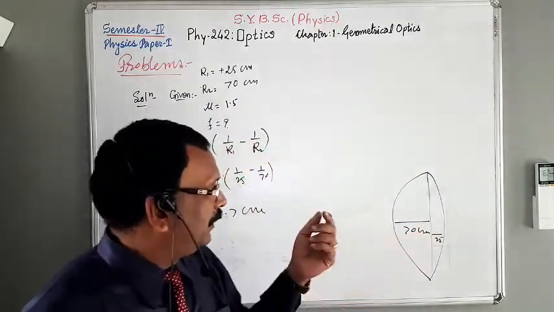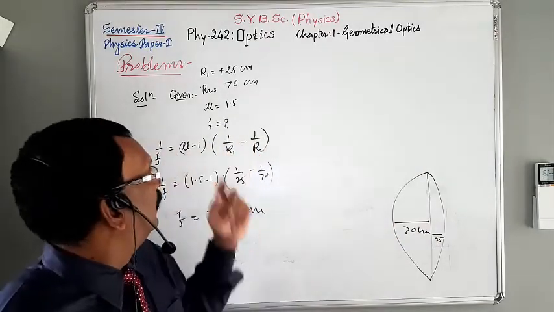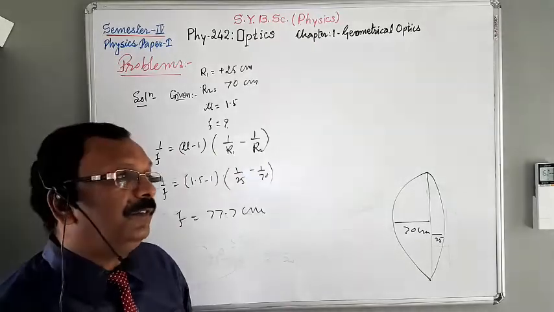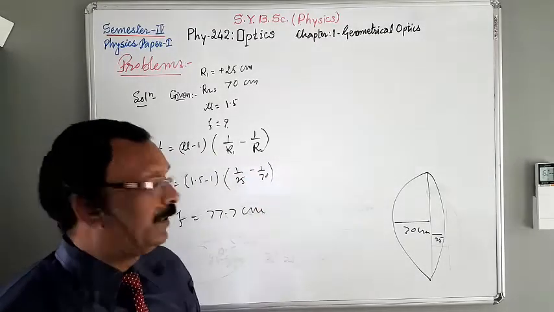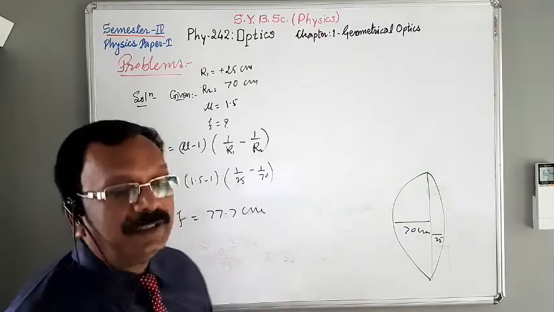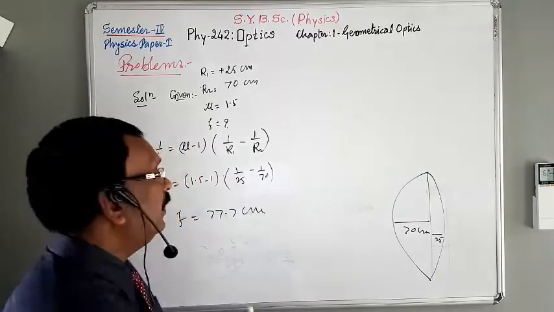Then when we substitute the values of R1, R2 and mu in the lens maker formula, we get the focal length of such a convex lens as 77.7 centimeter.